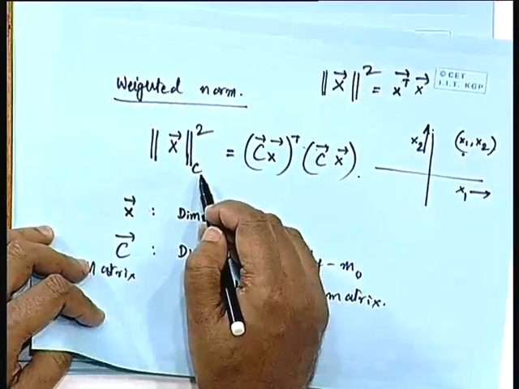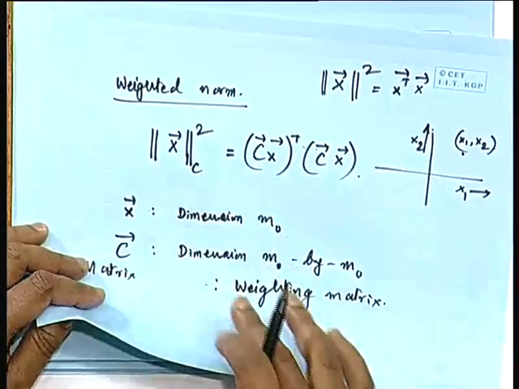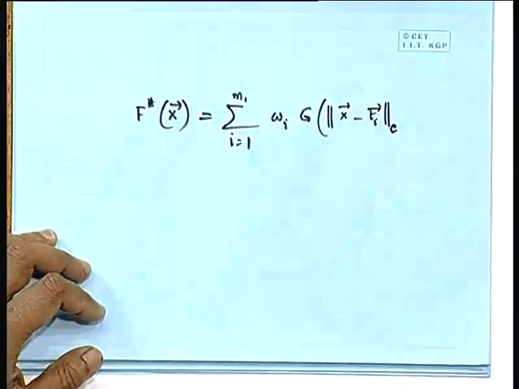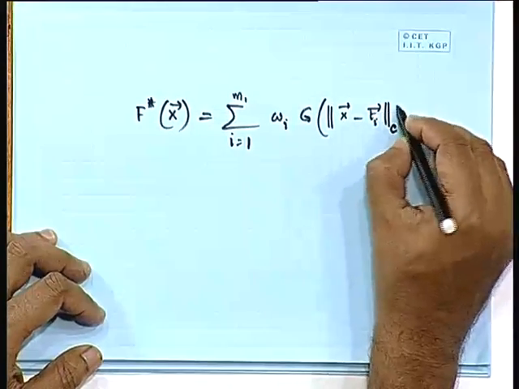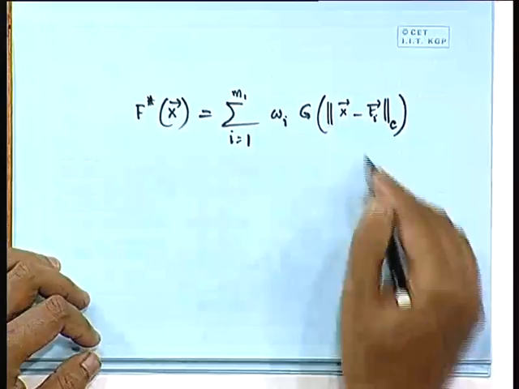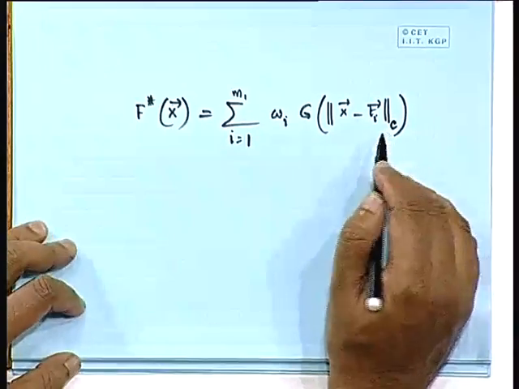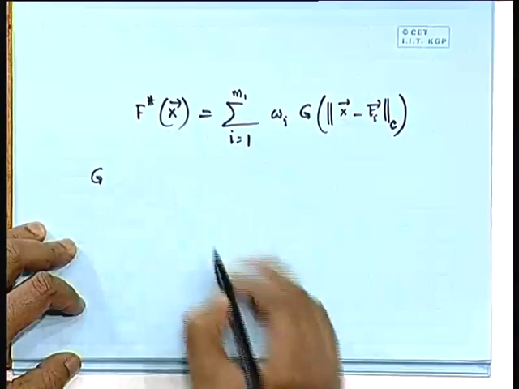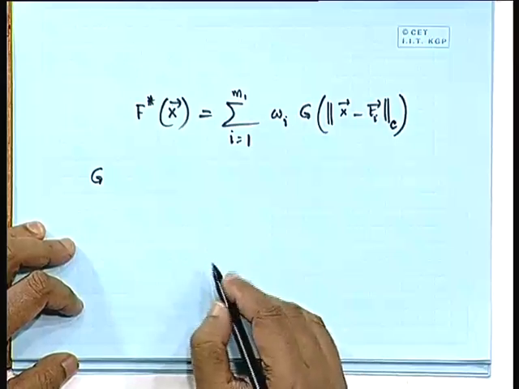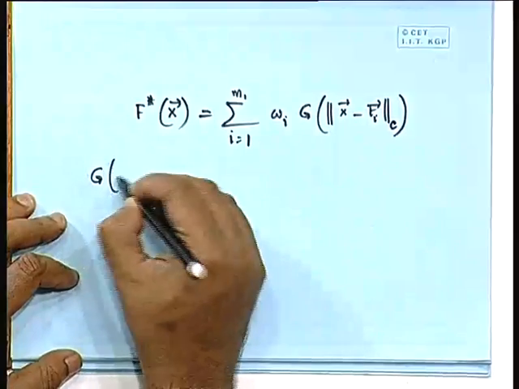That means instead of the Euclidean norm we are taking the weighted norm, so the argument of the g function will be written in terms of the weighted norm, taking the case of the Gaussian function as the Green's function.